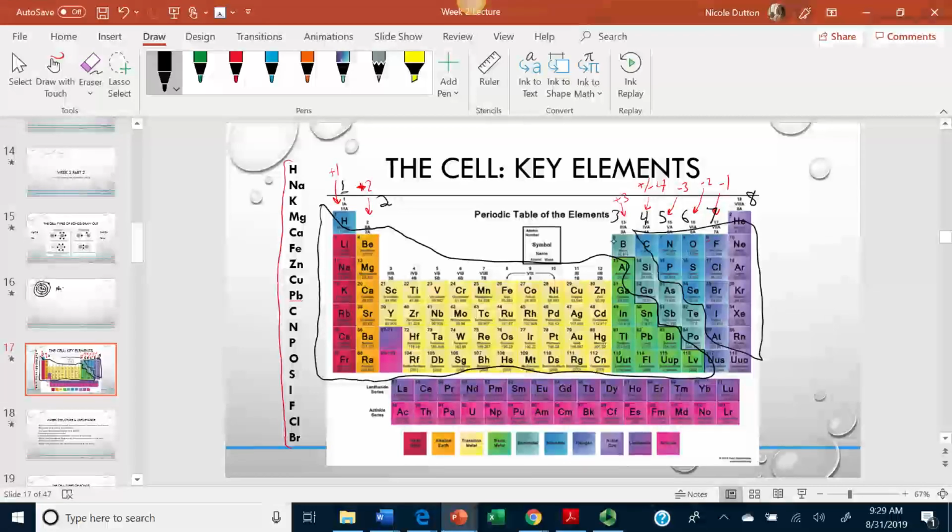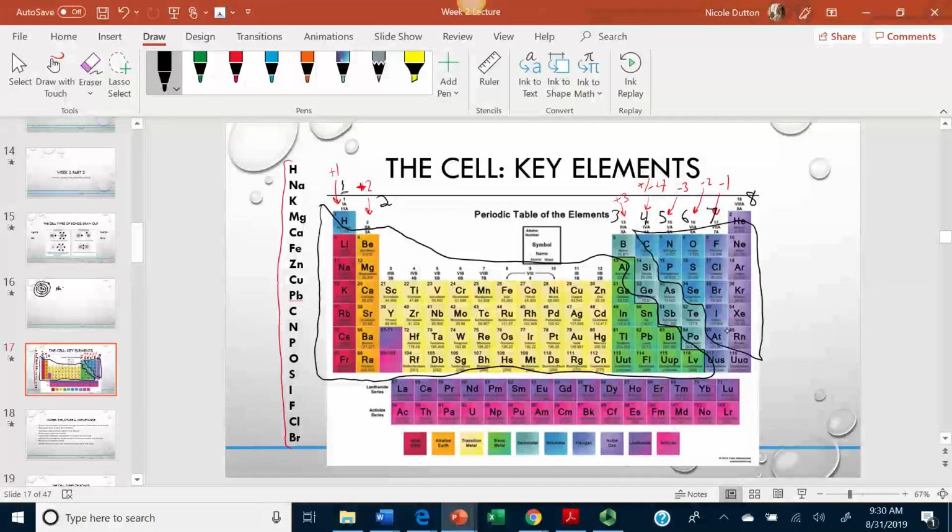This group in here in the middle, those are metalloids. They have characteristics of both metals and nonmetals. And they do form bonds and such, but we're not going to focus on these guys in here. For the purpose of this class, since this is an anatomy class and not a chemistry class, we're just going to focus on the metals and nonmetals.